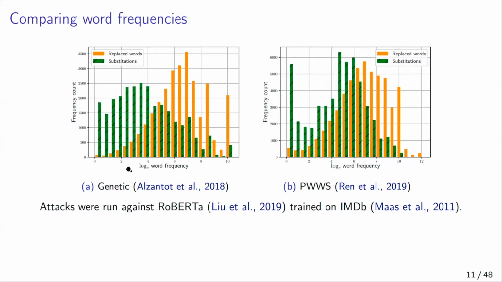On the x-axis, you have the log word frequency, and on the y-axis, you have the corresponding frequency of those frequencies. Then you can see that the green bars with the diagonal lines represent the substitutions, which have a tendency to be less frequent, whereas the replaced words have a tendency to be more frequent. These are represented here in orange.